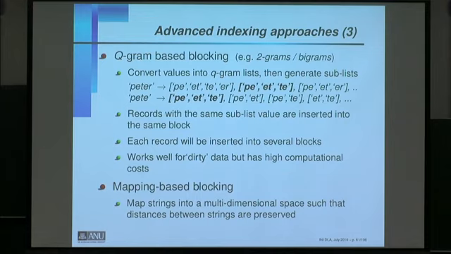That was proposed about 10 years ago. The problem is it's highly sensitive with regard to the dimensionality of that space, and we also require multidimensional spatial indexing techniques to make sure the whole thing is scalable.